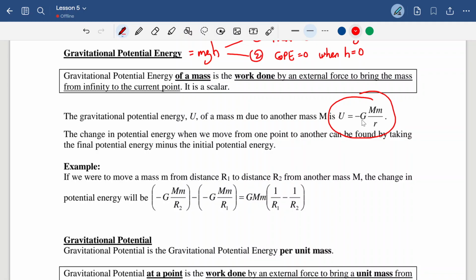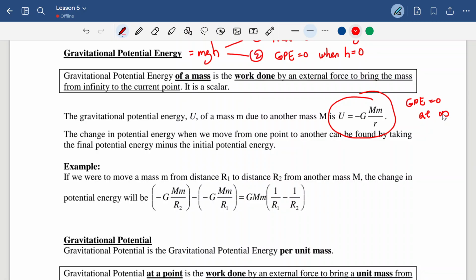This is the gravitational potential energy of a small mass m at a position within the gravitational field of a large mass M. Big M here, small m. And in this case, we are taking GPE equals 0 at infinity, so it's with reference to infinity.